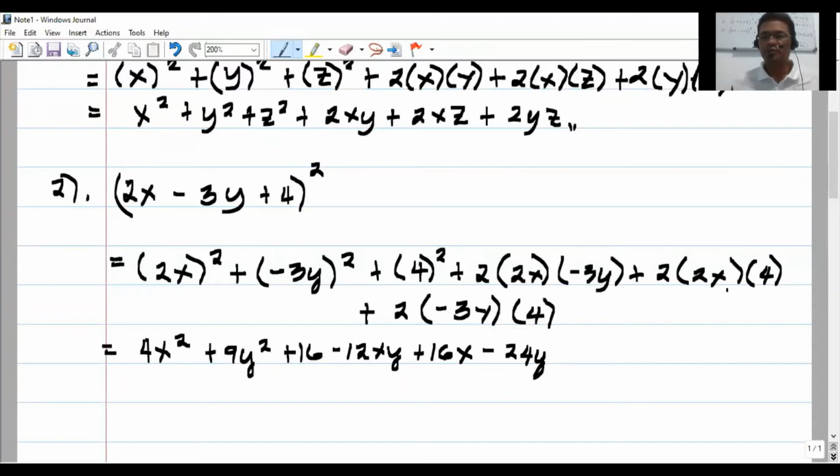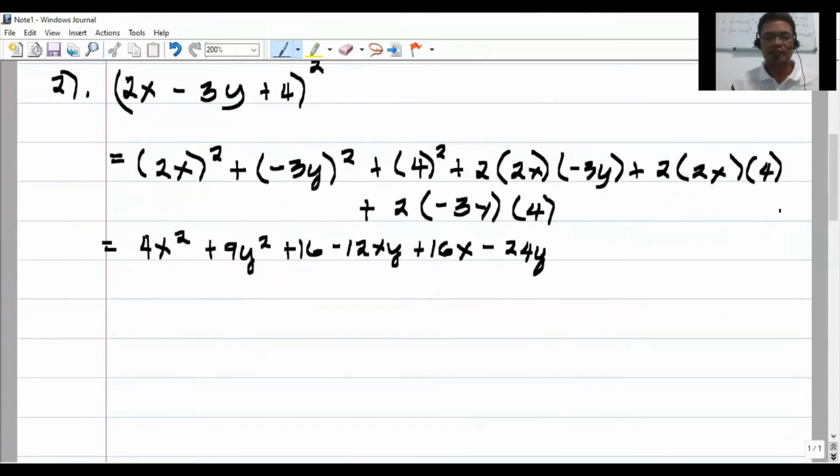Another example? Okay, let's take the last one. Number 3. So you can master it correctly. I'm going to give you another example. Suppose this is negative 3y plus 4z plus 6, squared.